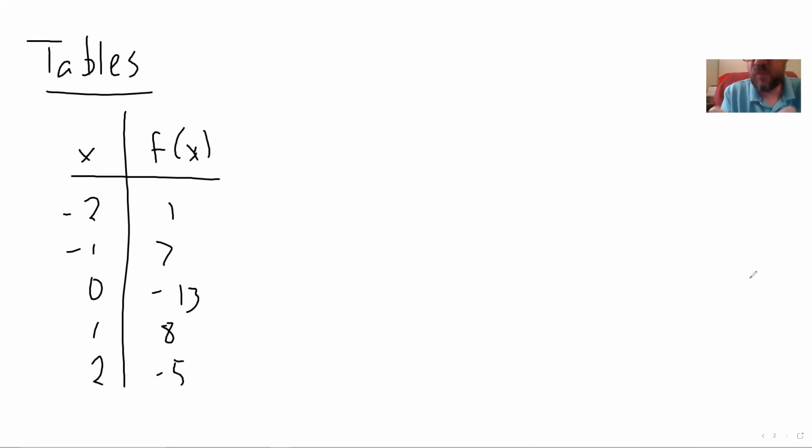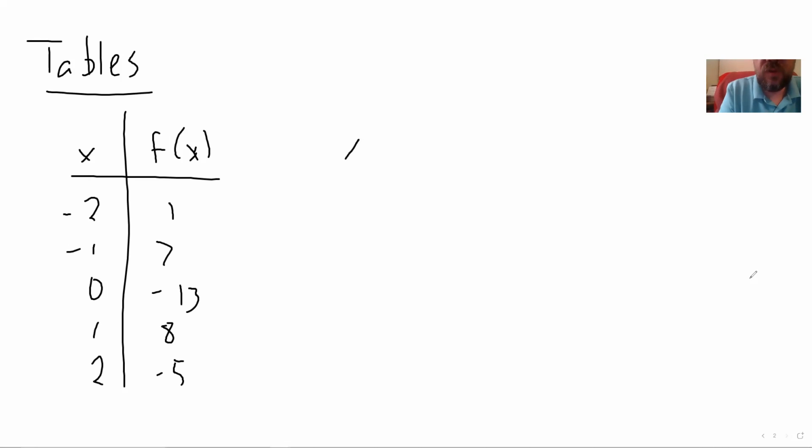Then if I want to make a table for f inverse, the thing that I know about the inverse is that when I put in the outputs from f, I get back the inputs that they came from, right? That's what inverses do.